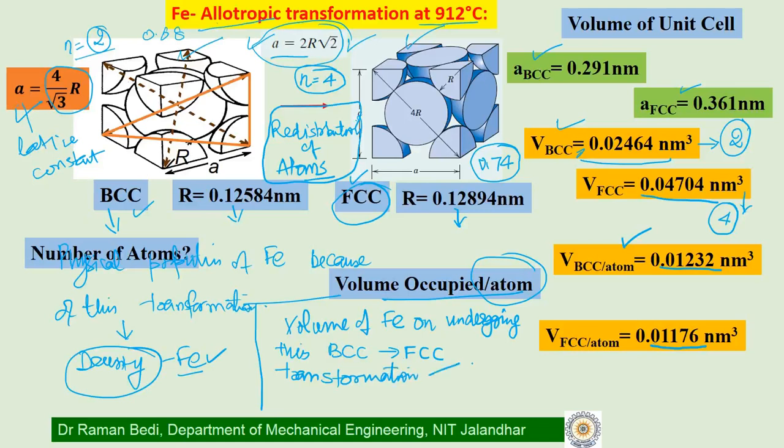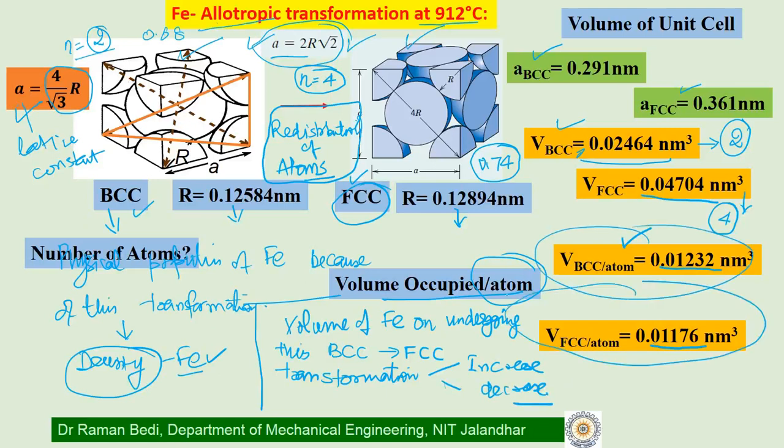Whether it will increase or whether it will decrease. So this calculation tells me that the volume of iron when it undergoes a BCC to FCC transformation actually decreases.